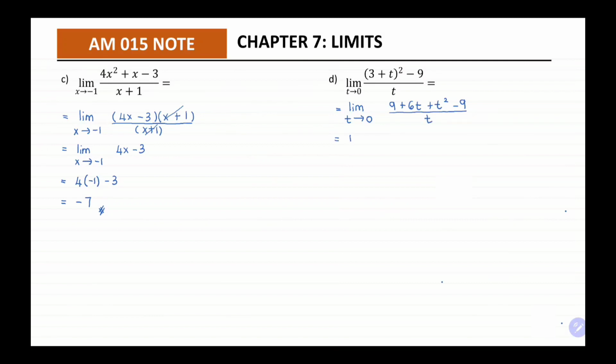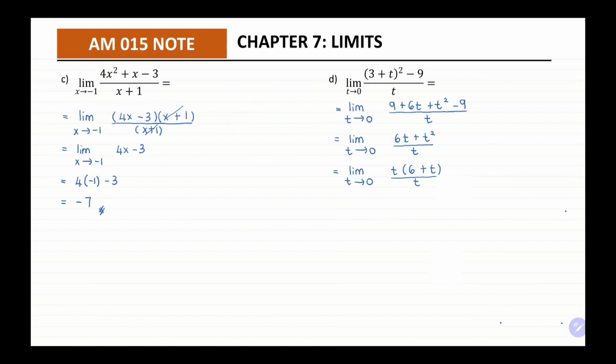Okay, then we simplify, we get 6t plus t squared over t. Okay, if we substitute t equals 0, we still get 0 over 0. So we need to factorize again. Limit t approaches 0, we factorize t, then we get t(6 plus t) over t.